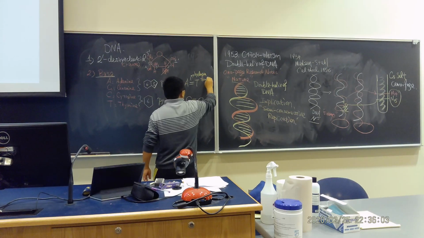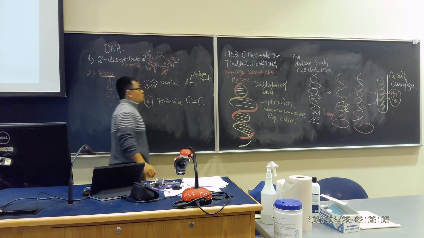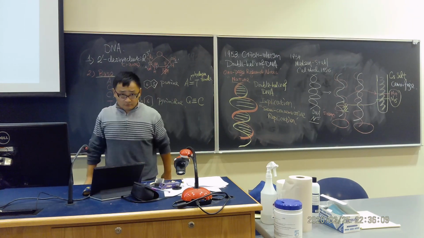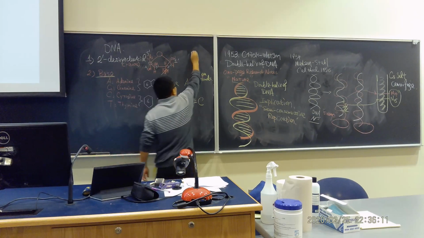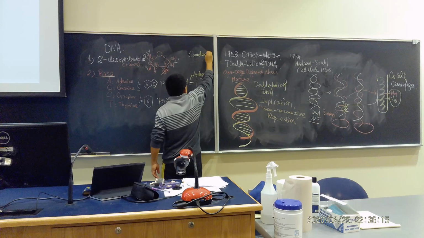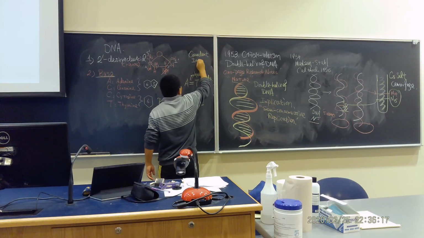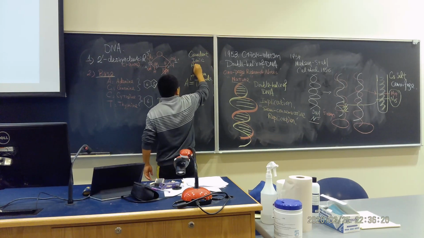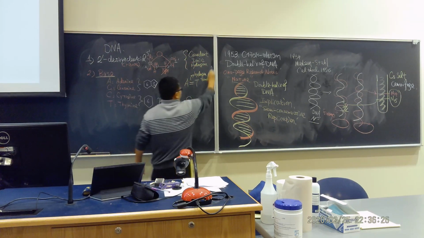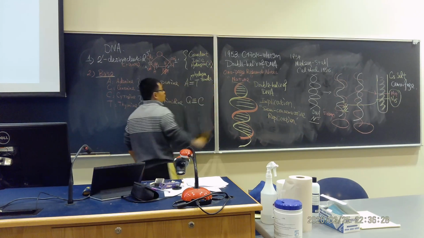By the way, what are the 3 types of chemical bonds? Covalent bonds, ionic bonds, and hydrogen bonds. Which one is the weakest? Hydrogen bonds, the weakest one.